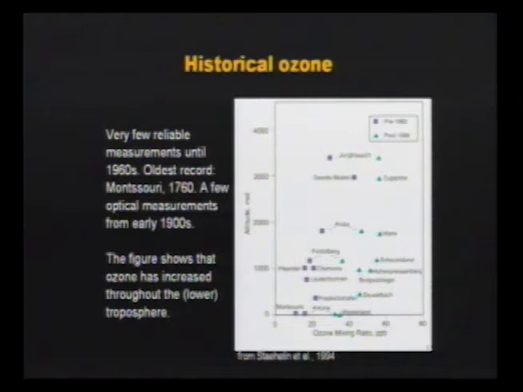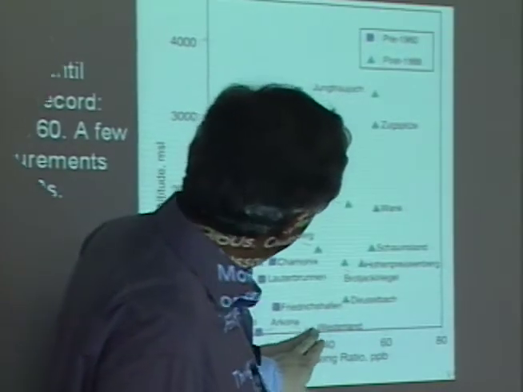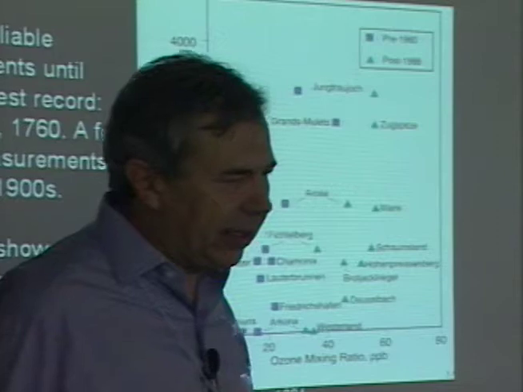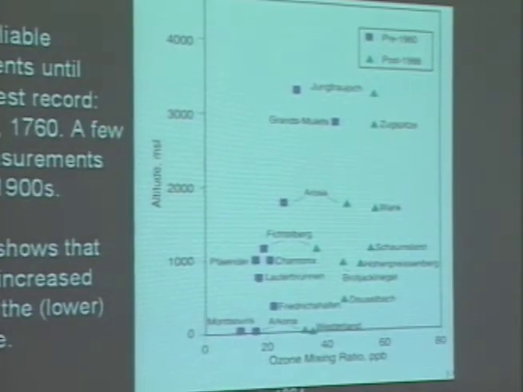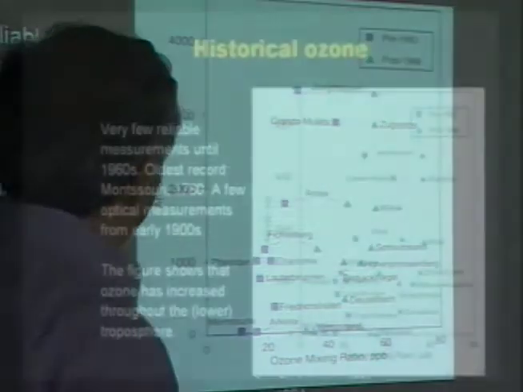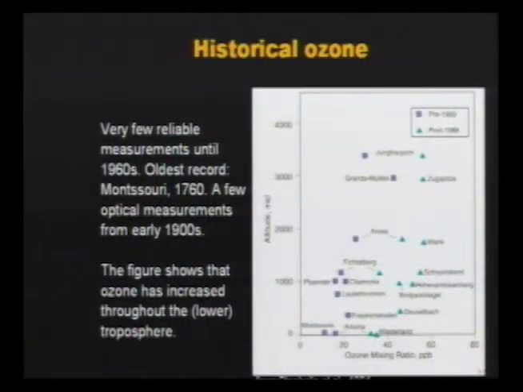You see the level of ozone near the surface being perhaps around 20 parts per billion. And if you look now at the most recent observations, you see values that appear to be roughly a factor of 2 higher. That's a relatively large change, sometimes even more than that.